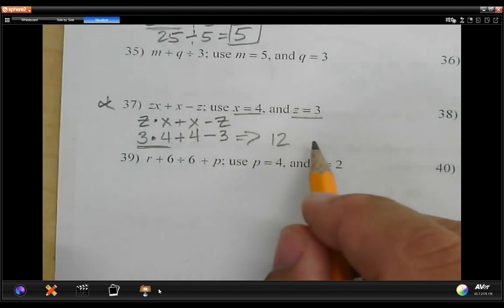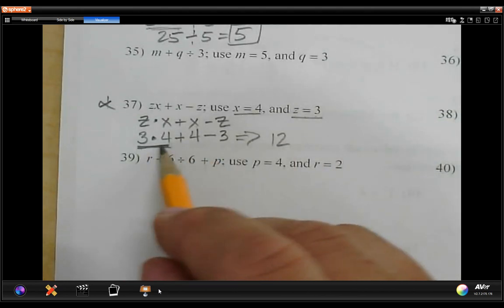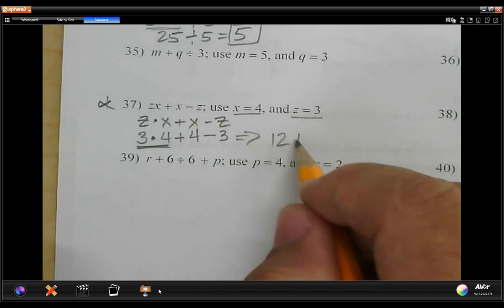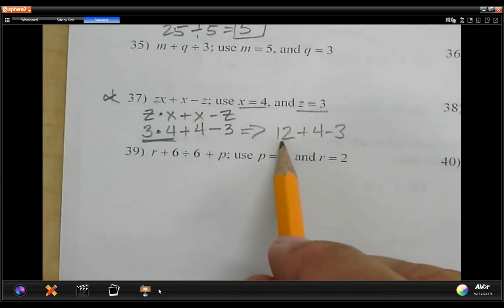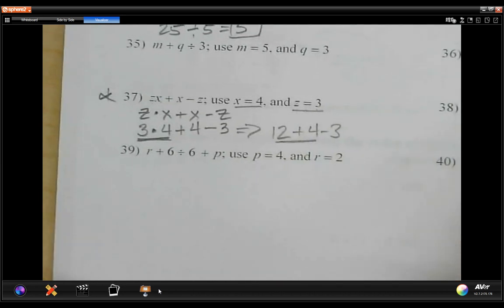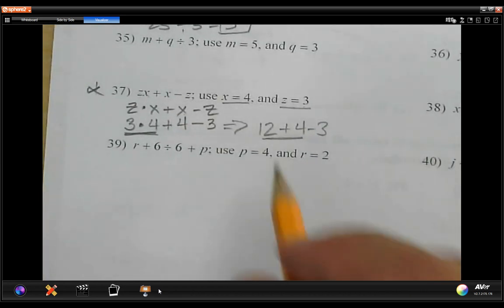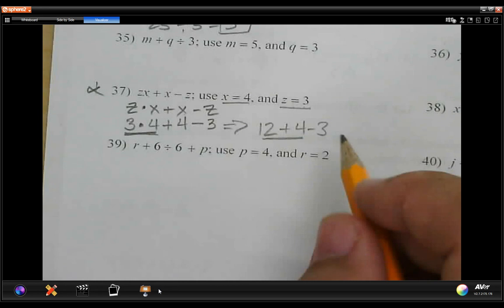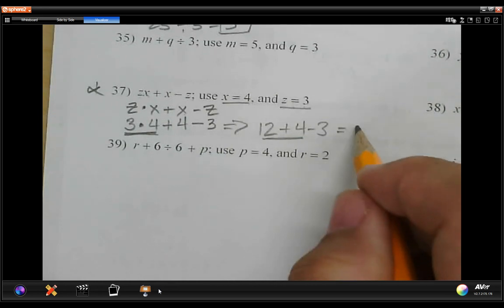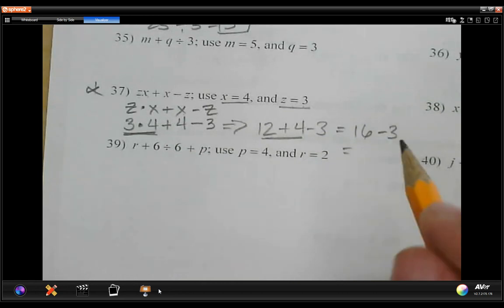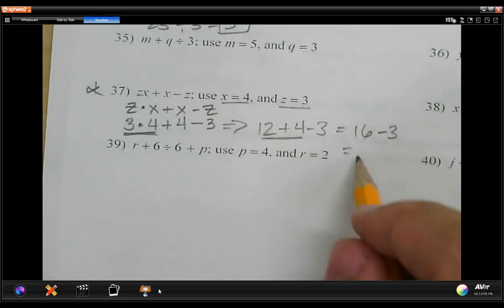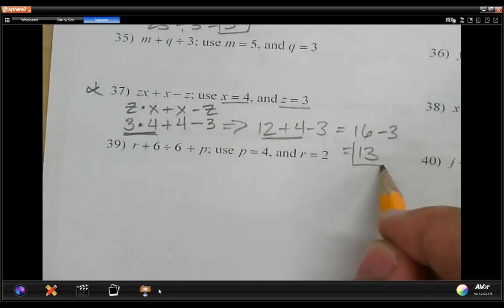And I'm just going to carry the rest of this part over. 12 plus 4 minus 3. Now again, I'm working from left to right, and I want to do the first thing that I see, either addition or subtraction. I've got 12 plus 4, which equals 16, minus 3. So my final answer, 16 minus 3, would be 13.